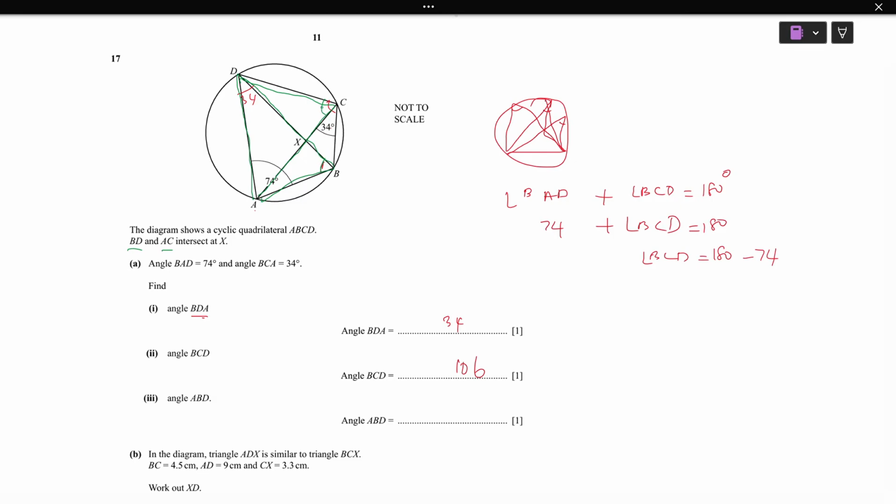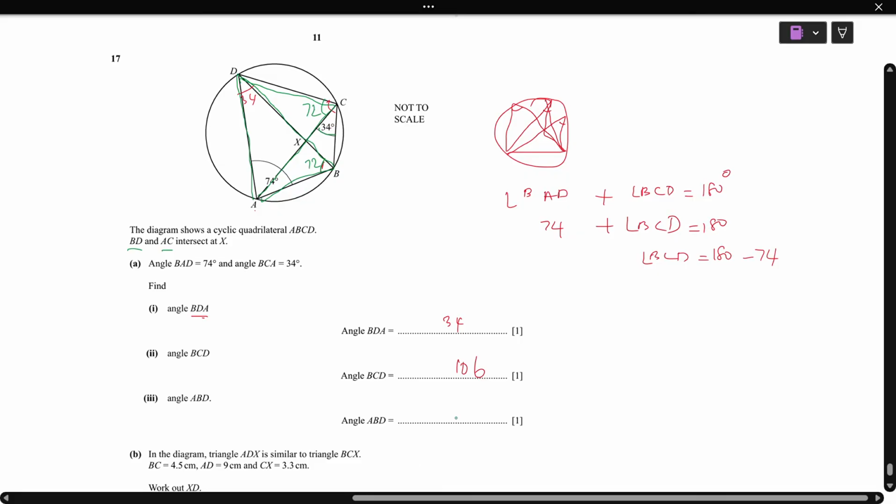Just now we found BCD equals 106. So already this angle is 74, and the left is going to be 72. Here is 72, here is 72. Then this angle also is going to be 72 because the angles are from the same base. So 72.